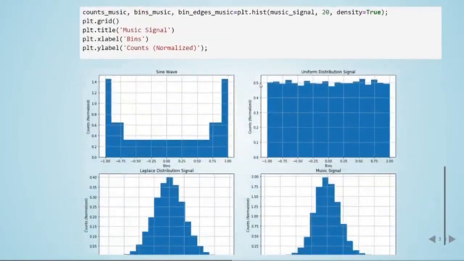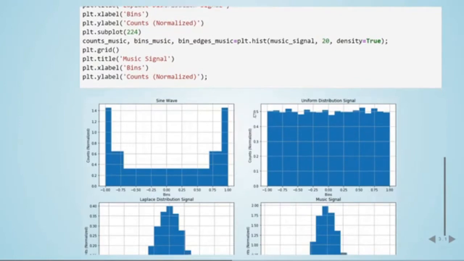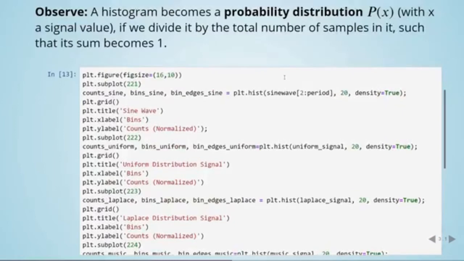So this is the uniform distribution signal, and its values go from -1 to 1, and we see here that the value is 0.5. So here we have the sine wave histogram, here we have the Laplace distribution signal, and here we have the music signal. So all these histograms are normalized, so they are divided by the total number of samples.